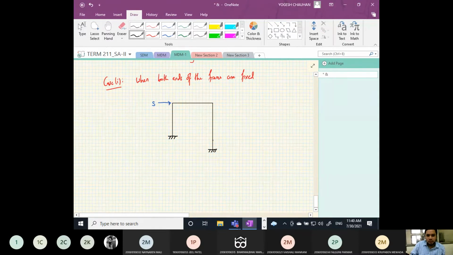This will be the flexible member, because the length of this member is small, so it will be stiff, and this will be flexible. So the frame will sway like this.